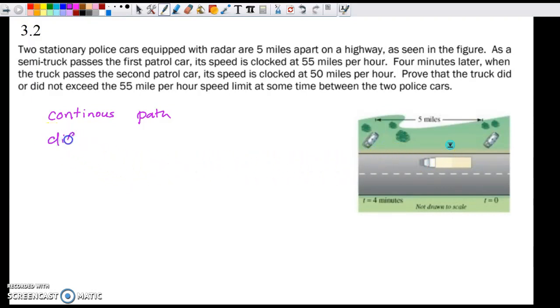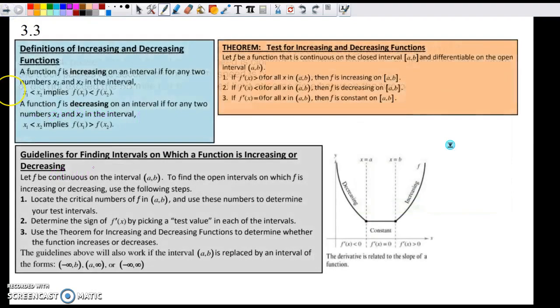And it's differentiable because there's no quick jerks or asymptotes or holes or any cusps here. There's no way you can just stop and all of a sudden start going the other direction. You have to decelerate and accelerate there. So it does satisfy the first two conditions of the mean value theorem, and you're going to use the mean value theorem to answer this problem.